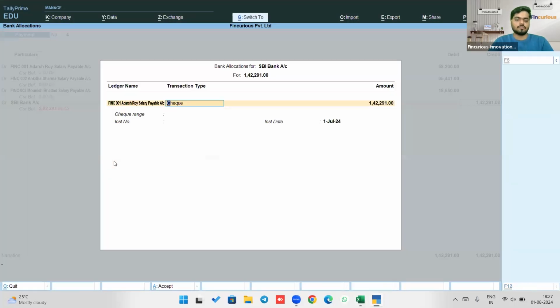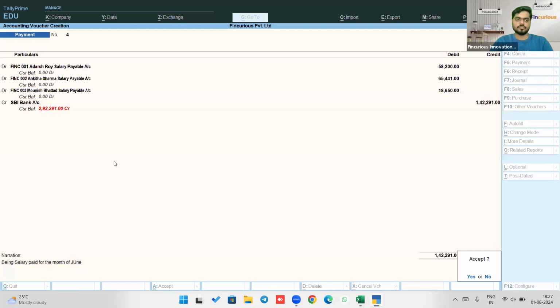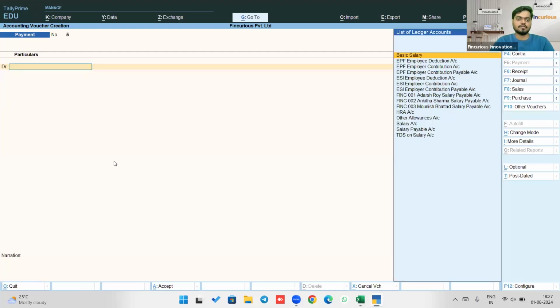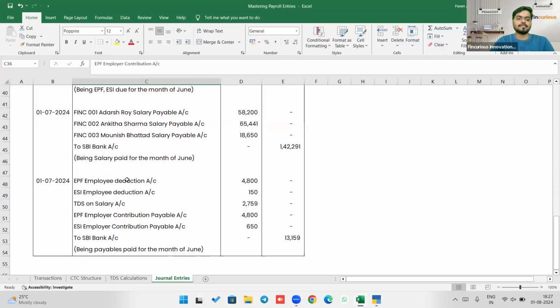So here being salary paid for the month of June. This is how we are paying the salary to that particular person. Now we need to pay all these deductions to the government also, right?